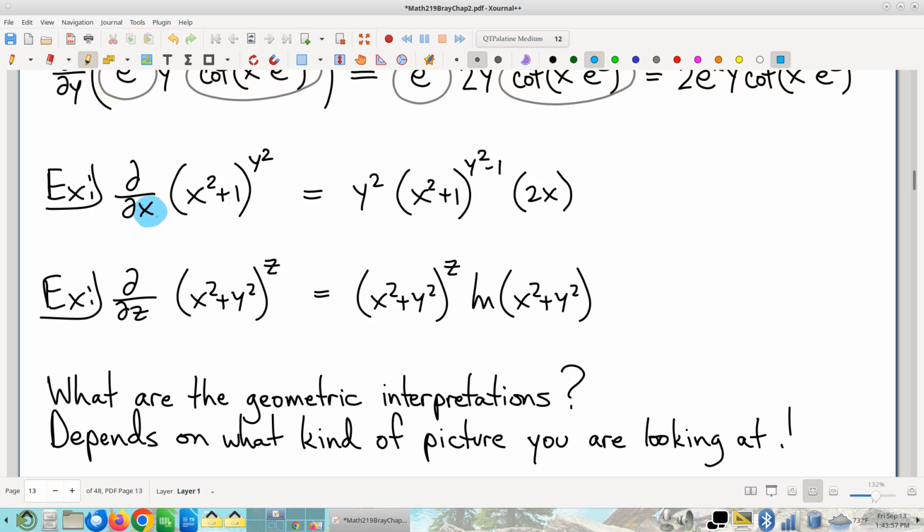So let's take the x partial here. And again, it looks hard. It looks like a function to the power of a function, but it's not. Because x is the variable, that means y is a constant, that means y squared is a constant. That means I have here nothing more than a polynomial to the power of a constant. And y'all remember how the power rule works, right?